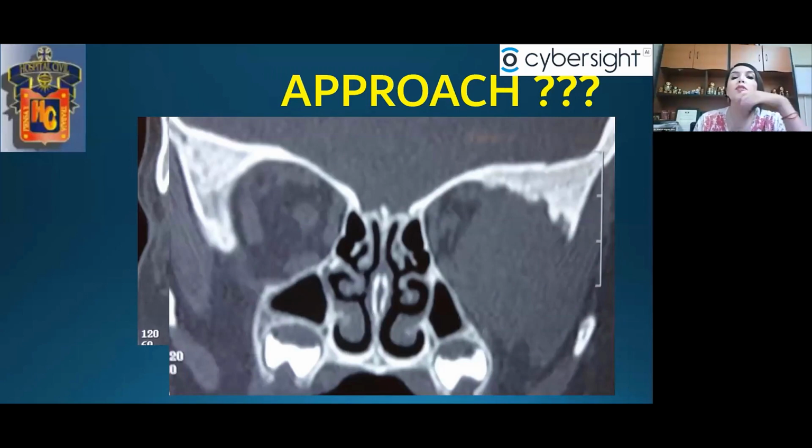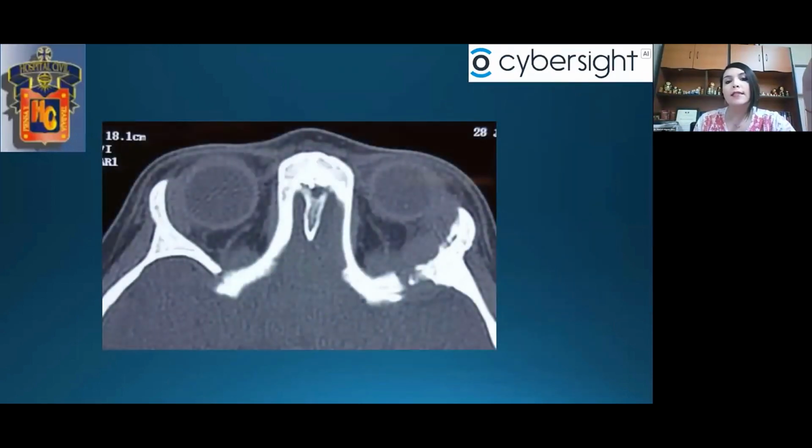In this other projection, more intraconal, we can see that the walls in the frontal, temporal, and zygomatic zone are totally eroded. And in the axial projection, we can see even a little communication between brain and orbital tissues.